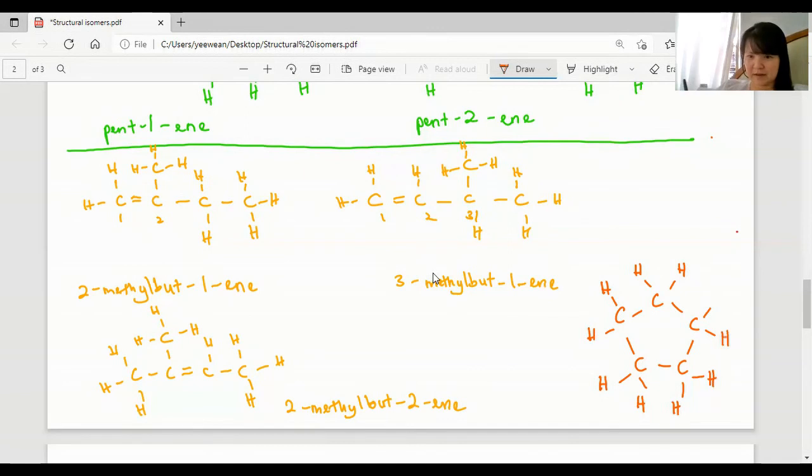This is a cyclopentane. Make sure that you don't accidentally write pentene. It's not an alkene because it doesn't have a double or a triple bond here. It's an alkane, but it's a cycloalkane.